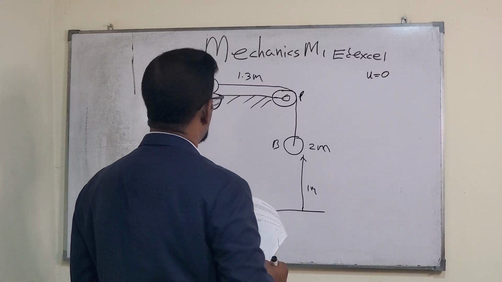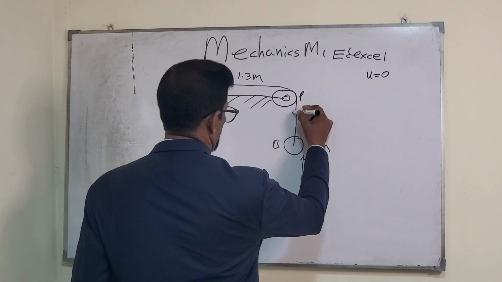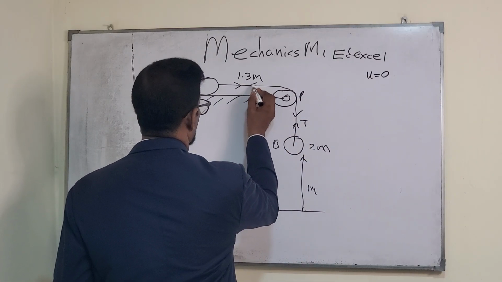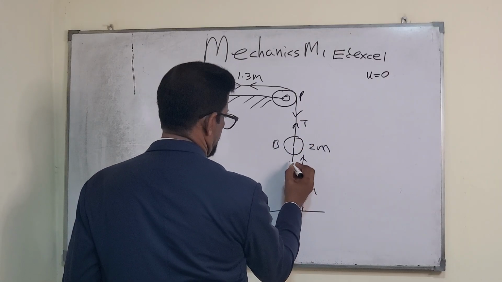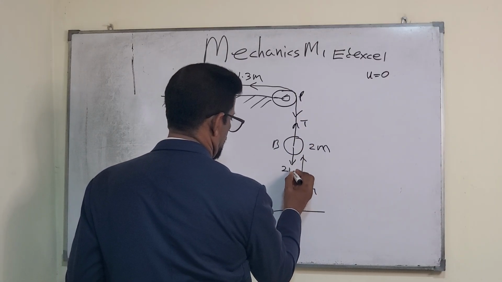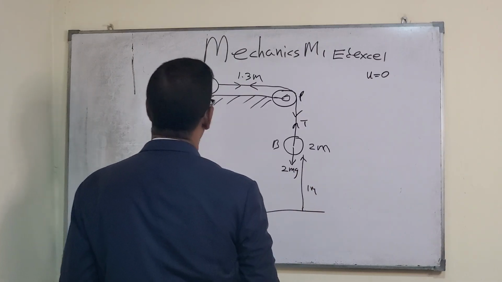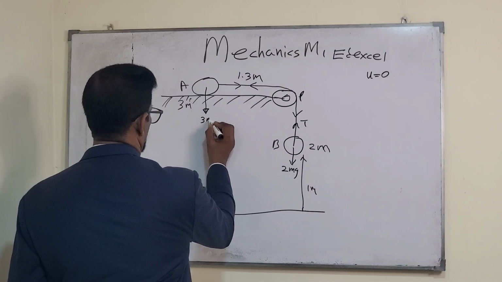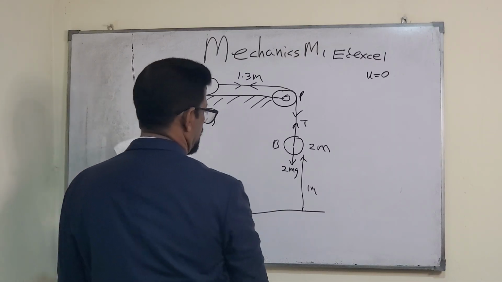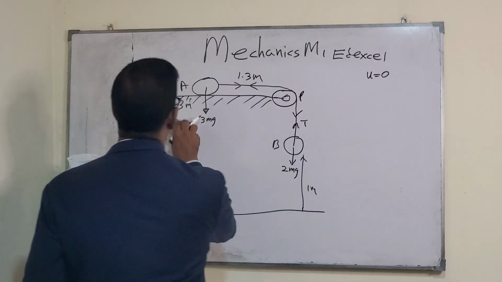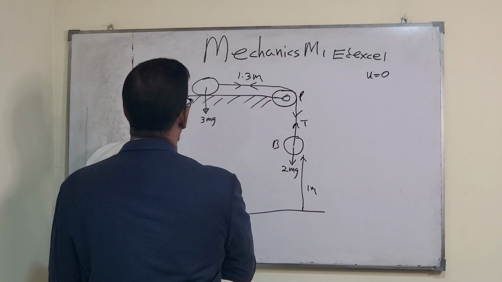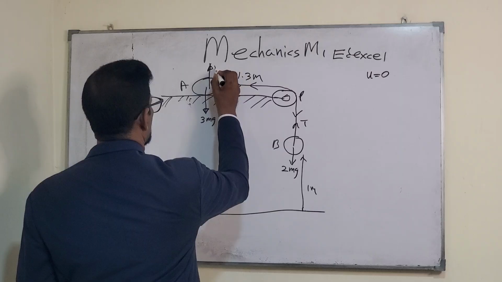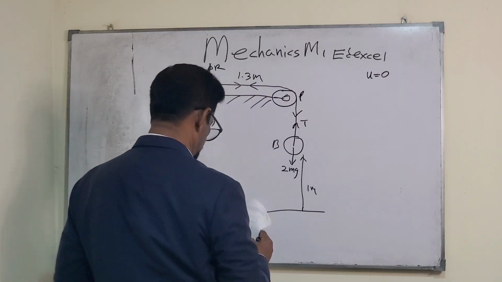The string is taut, and that means tension comes. Because B's weight is 2mg and A's weight is 3mg. Now the normal reaction is also there. This is a process mark, very important.